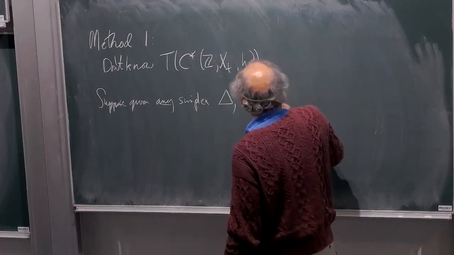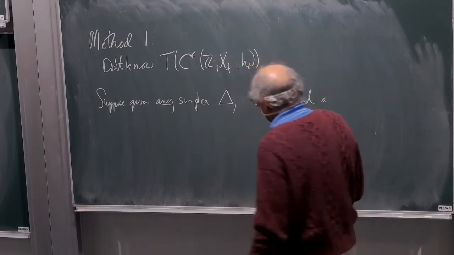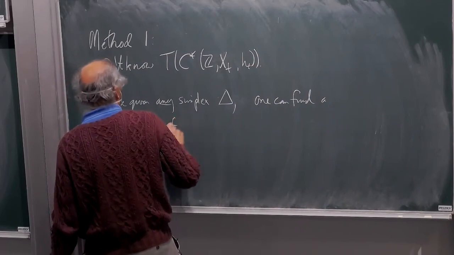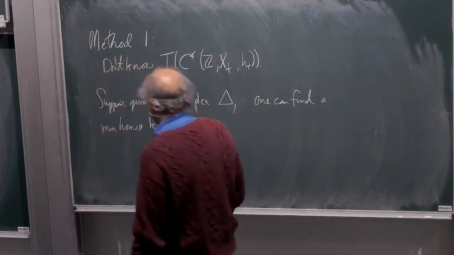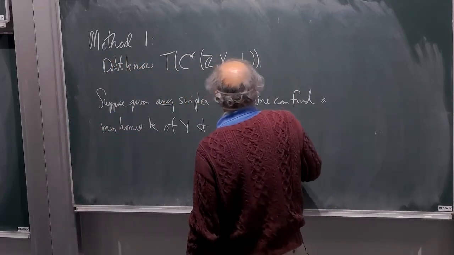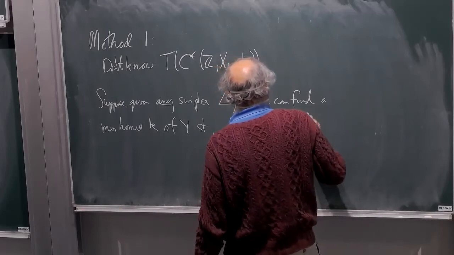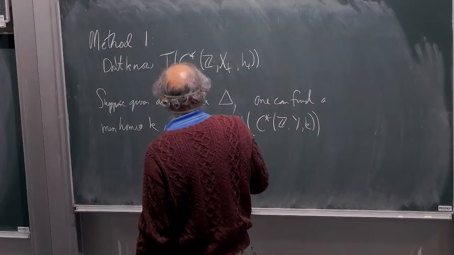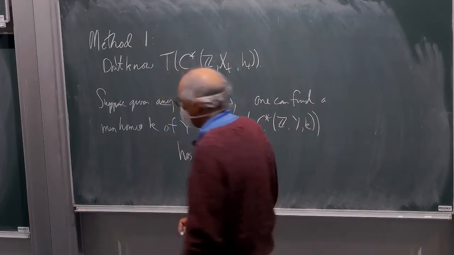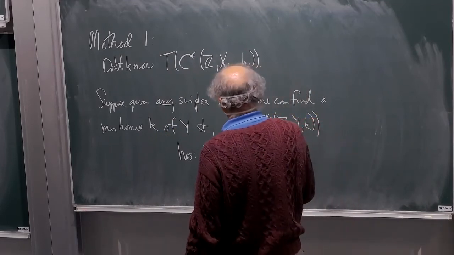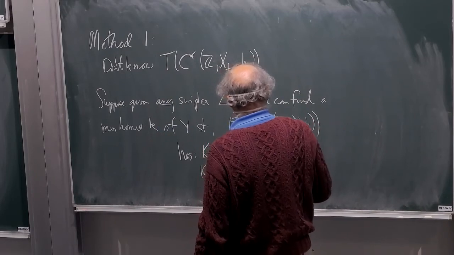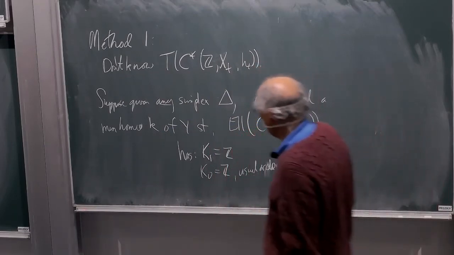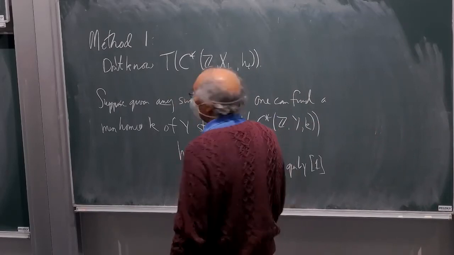One can find a minimal homeomorphism H of, let's say, a space Y, such that the Elliott invariant has K1 is Z, K0 is Z with the usual order, generated by the class of the identity, and the trace space is isomorphic to Delta.